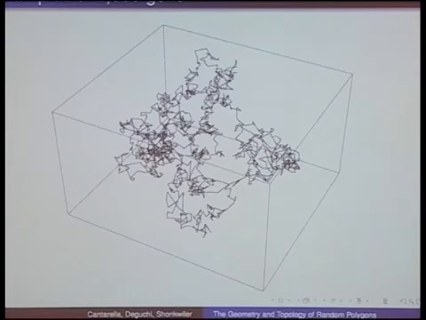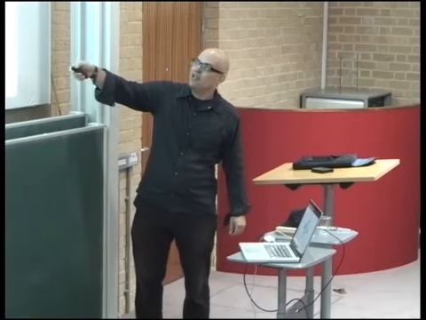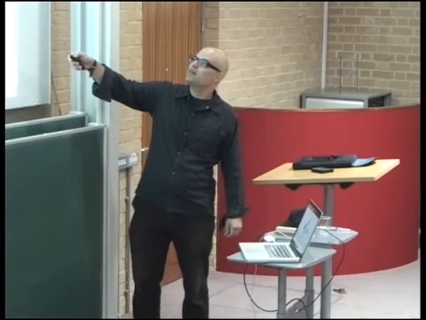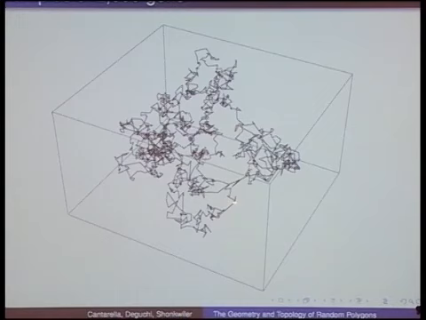I have a student who proved the interesting theorem that if you look at inscribed polygons in this, right? So you say, pick k edges out of an n-edge polygon. So pick 6-gons in here, or pick, you know, 500-gons in here. Then they're not sampled according to any distribution that looks like this.